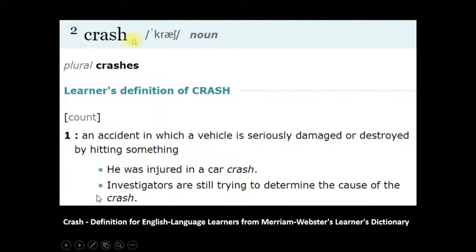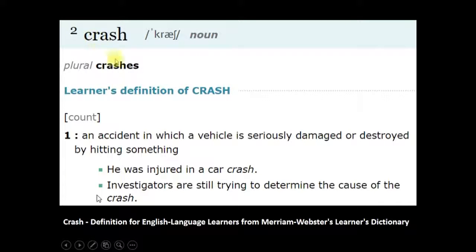Now, crash can also be a noun, and the plural is crashes, which shows that it is a countable noun. So, here's another common mistake. There was plane crash in Russia last week. Here's the mistake, because if we remember, crash is a countable noun.